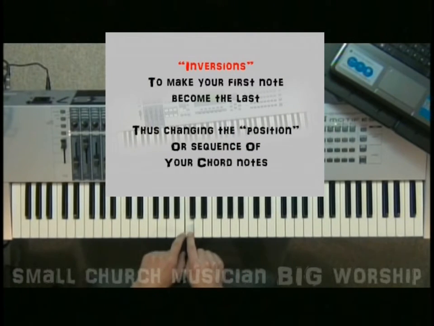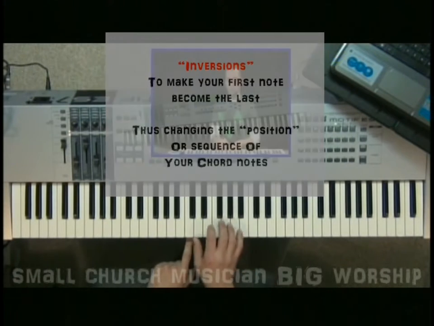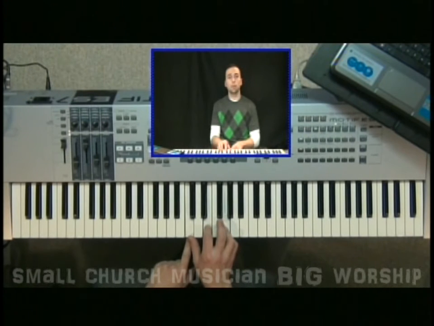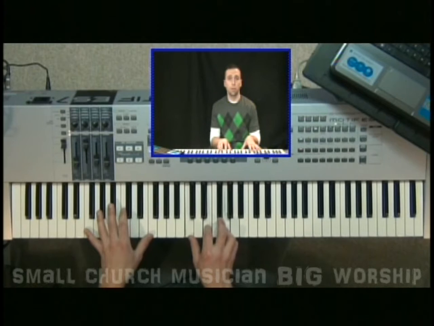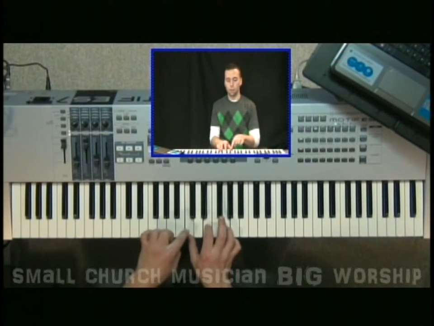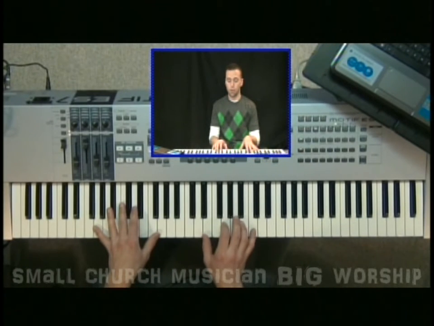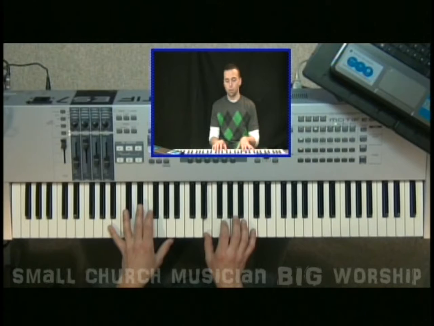It's the first note in the scale of that key, and we flipped it. We inverted it. We put it up to the next octave. So what happens is the chord gets transformed. Now it's a different position. So instead of your thumb being on the C, as mine is, now your thumb is going to rest on the E.